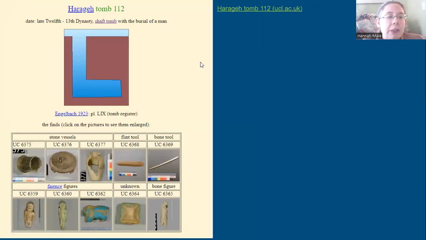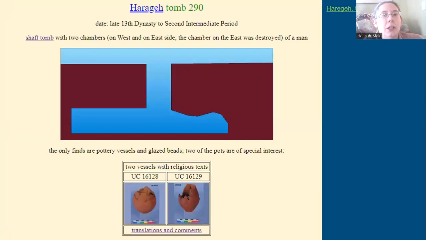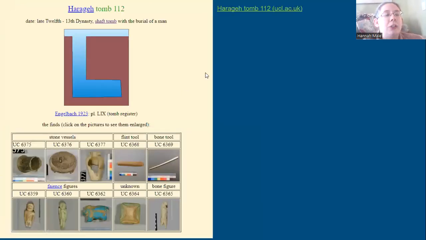So this is also from the Digital Egypt for Universities site, but this is an example of a burial that dates to the late Middle Kingdom. So it's late 12th to 13th dynasty. So it's at the site of Harageh.